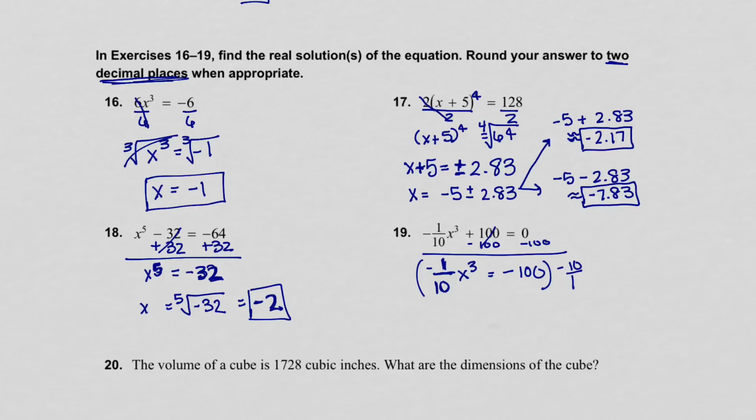When I do that, I will still have that x to the 3rd, but now it's going to be equal to 1,000. That's just multiplication. I get rid of the 3rd by using the cube root, so the cube root of 1,000 is 10.